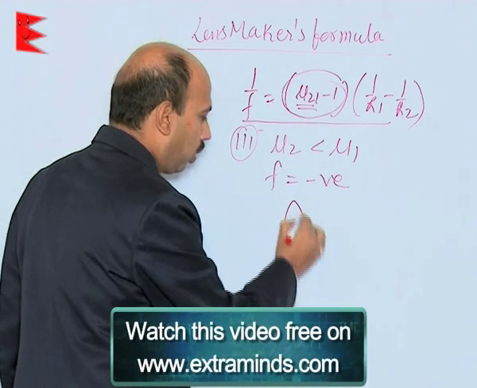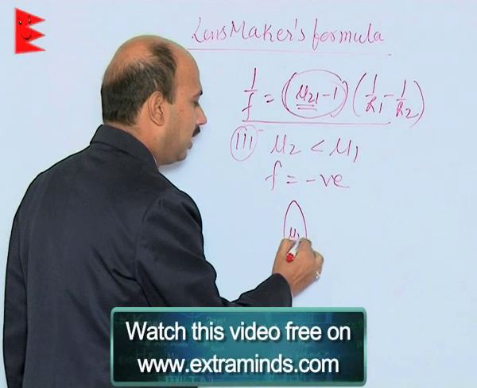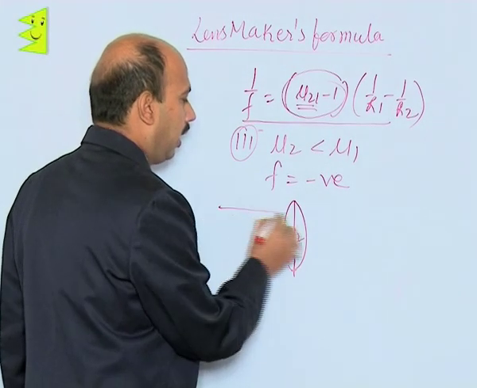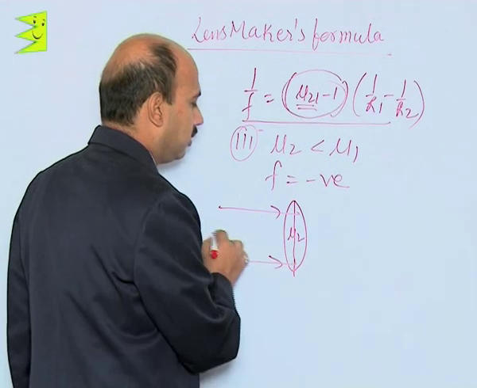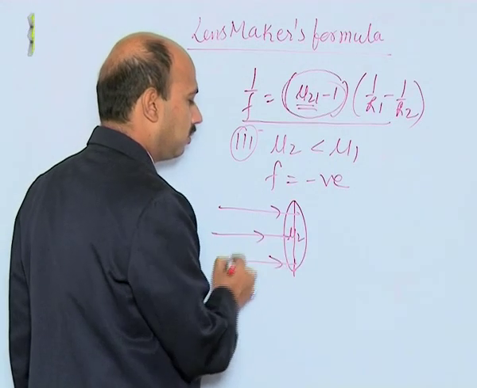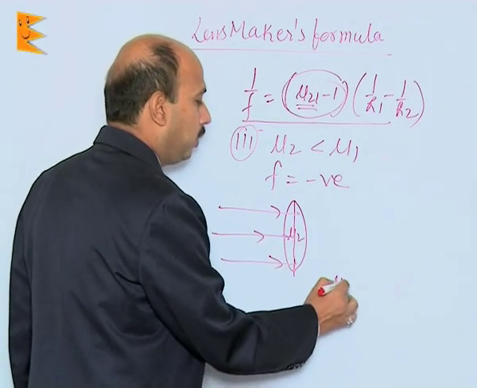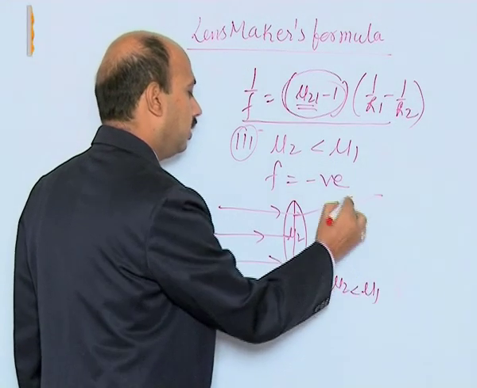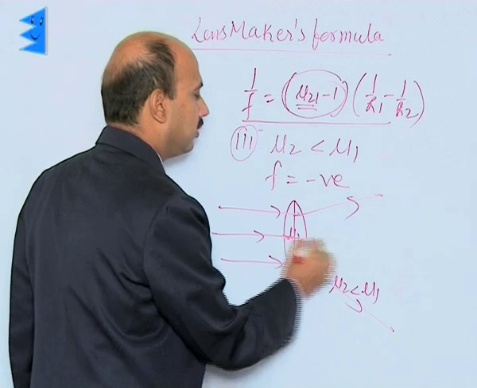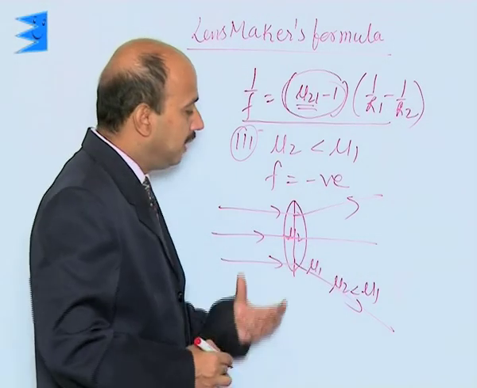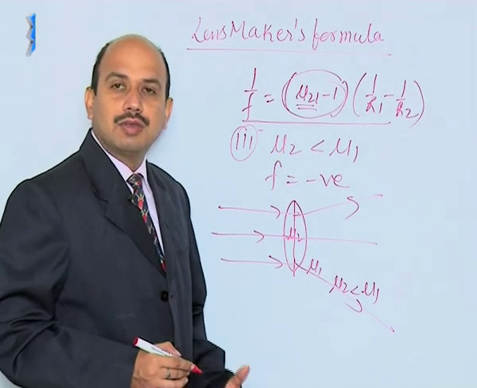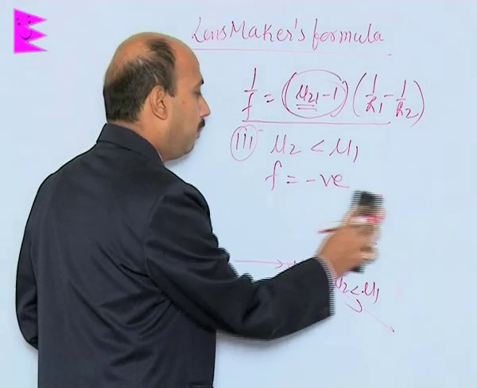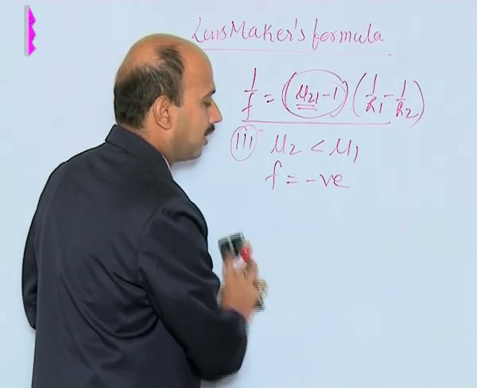Suppose you have a convex lens whose refractive index is mu 2, and this is the principal axis, and here mu 2 is less than mu 1, then this lens will diverge the rays. It means a convex lens behaves as a concave lens. Similarly, a concave lens will behave as a convex lens.